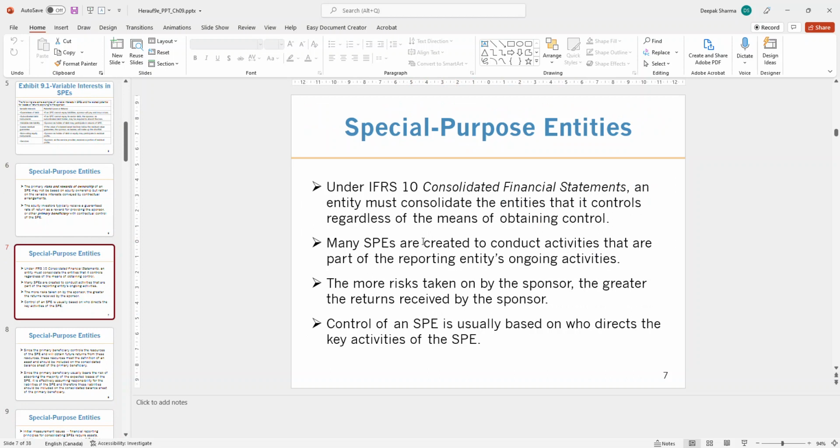So if the primary purpose of the company is leasing equipment, and you have control over who you're going to lease the equipment to and where the financing is going to come from, if you are the key stakeholder making decisions, that means you have control. So how we determine the SPE control is based on the key activities of the SPE and who makes decisions on those activities.